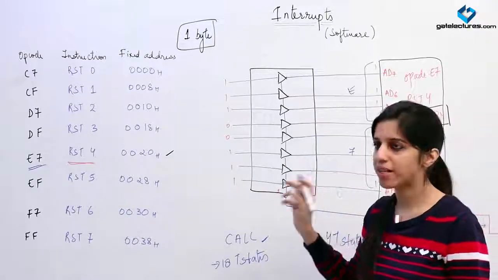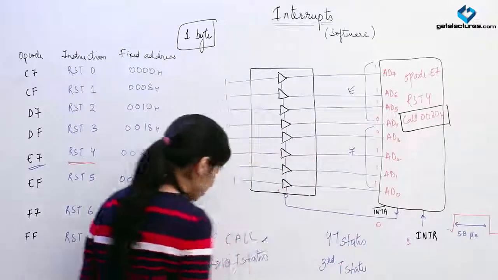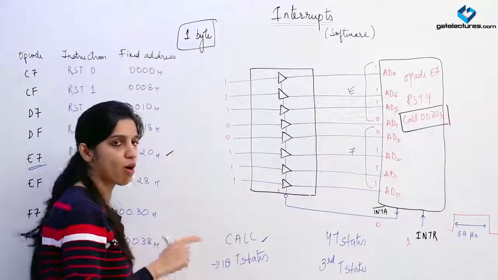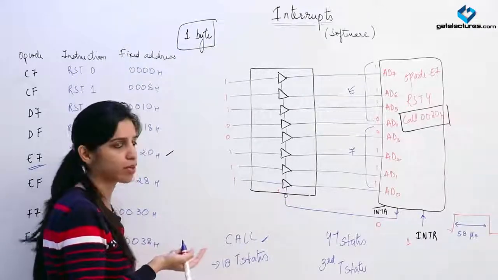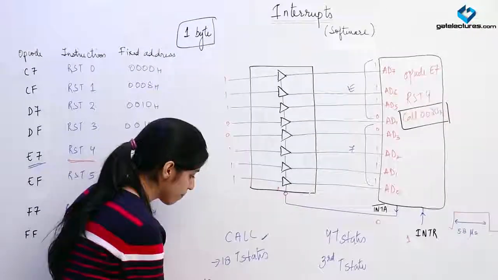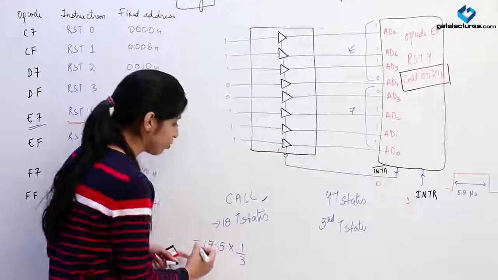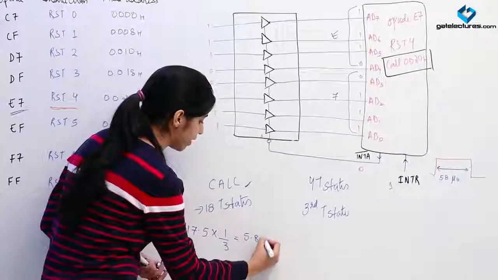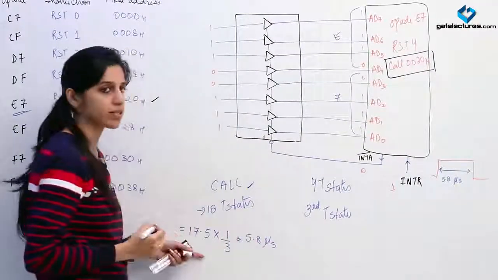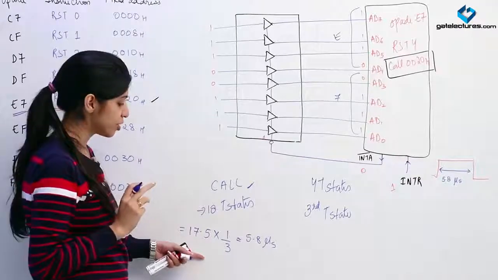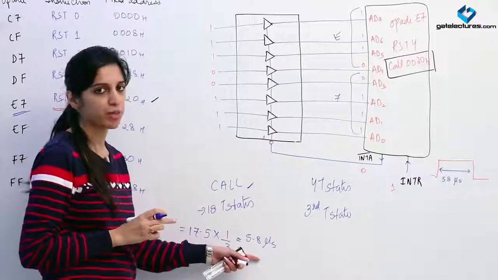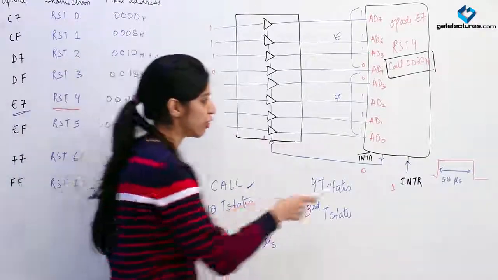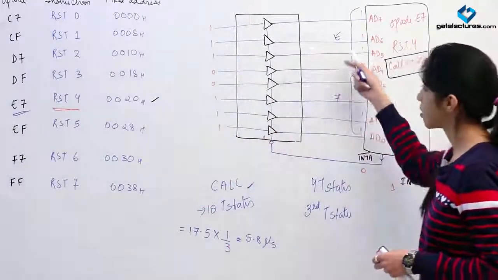So the minimum length of INTR should be, we suppose that in the 17.5th cycle it is going to check. Also you know the frequency of the microprocessor is 3 megahertz. So 17.5 into 1 by 3 is approximately 5.8 microseconds. Therefore, whenever INTR is given, it should be of minimum duration 5.8 microseconds, so that whenever the microprocessor checks for INTR, it is present, and this is how it is going to obtain its opcode.